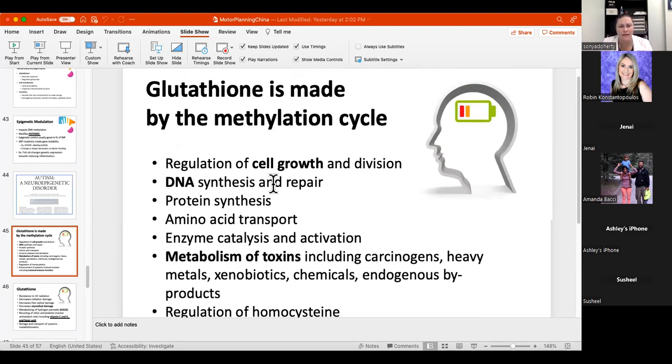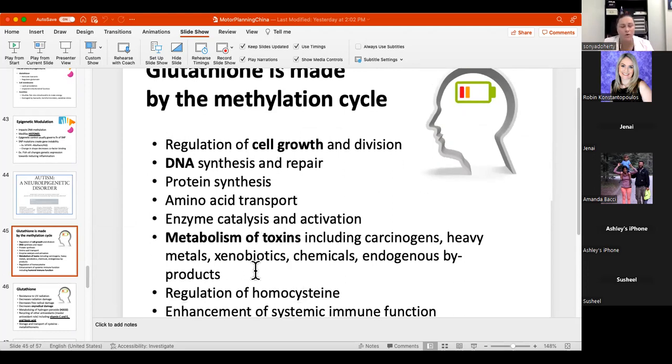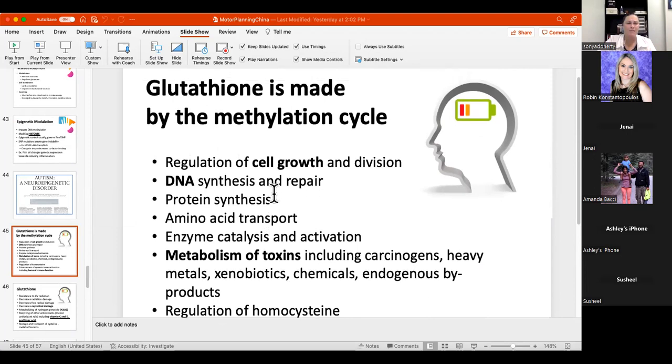It is the master antioxidant, and it gets rid of pesticides, heavy metals, chemicals, hormones within our body, hormone-like substances that are outside our body. In autism, 80% of the glutathione is depleted. So we have to replenish the glutathione through the methylation cycle in order to really properly detoxify.